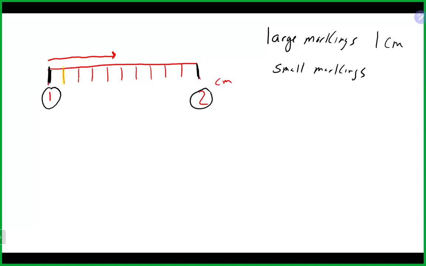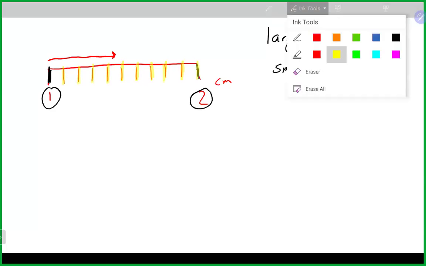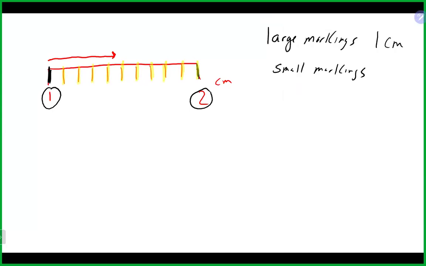This would be 1, 2, 3, 4, 5, 6, 7, 8, 9, and we would stop at the next large marking. So you start after the last large marking and go to the next large marking, and that's where you stop. In this case, we have 10 small markings.